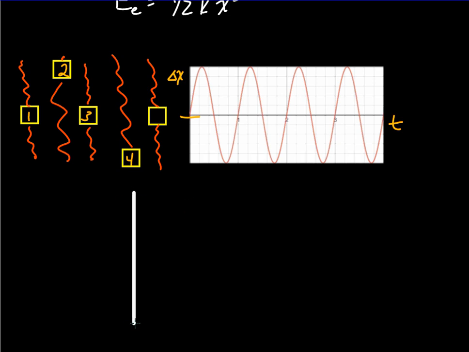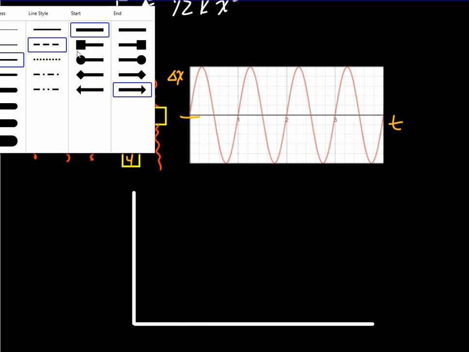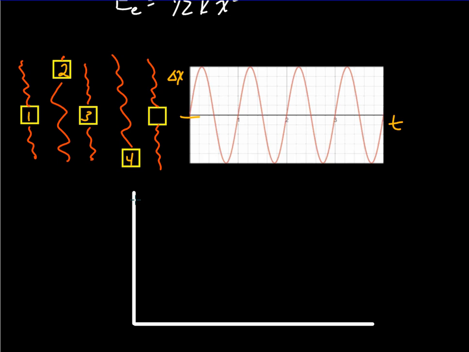Now, one thing to keep in mind is that you cannot have negative potential energy. It's not a vector value, right? You can have 0 or you can have some. You can't have negative. So one thing we'll do here is mark out the total energy of the system.